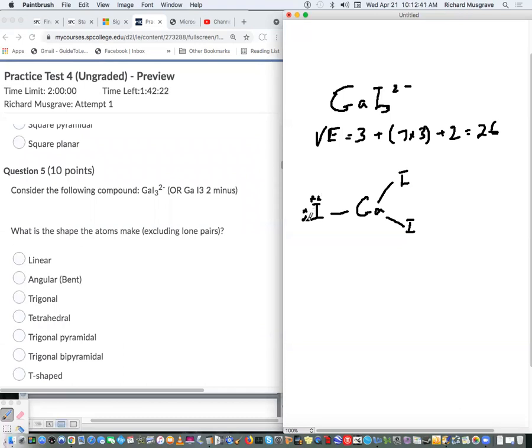So we go ahead and we put the electrons around the I's, and that's a total of 24. And that means there's 2 left over, and that goes on the Ga like that. So the overall shape would be tetrahedral because it has 4 objects.